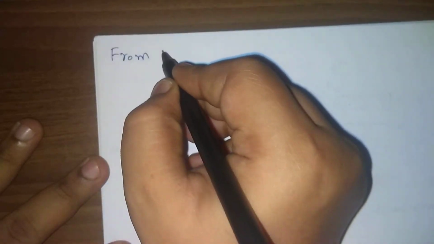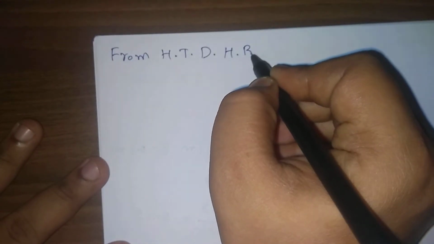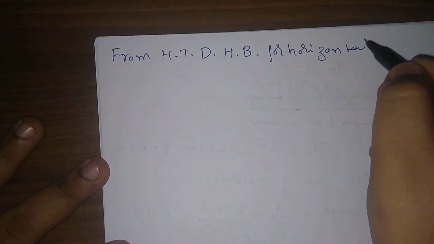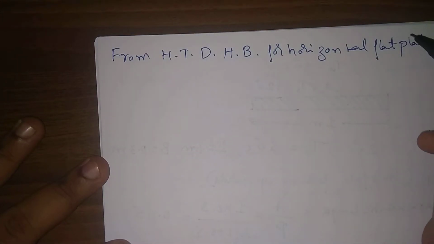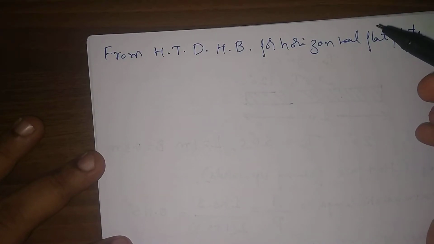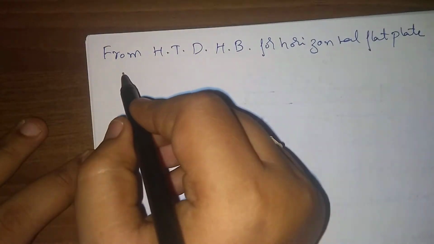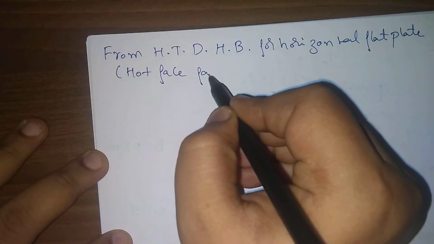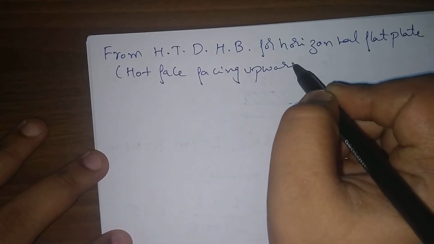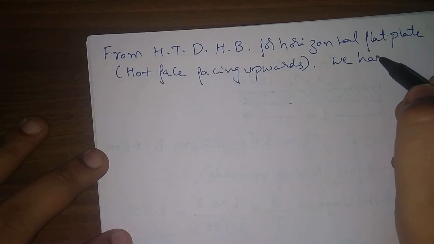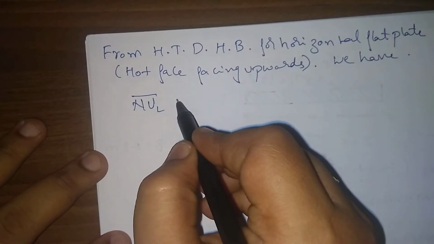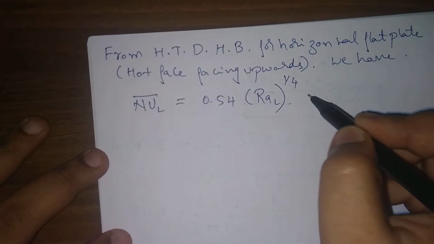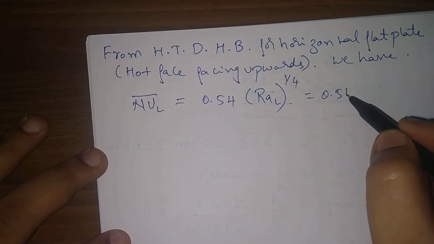Again, from the heat transfer data handbook, for horizontal flat plate, in the bracket you can write hot surface or hot face facing upwards, we have Nu average, the average Nusselt number, equal to 0.54 times RaL to the power of 1 by 4, which is equal to 0.54 times.